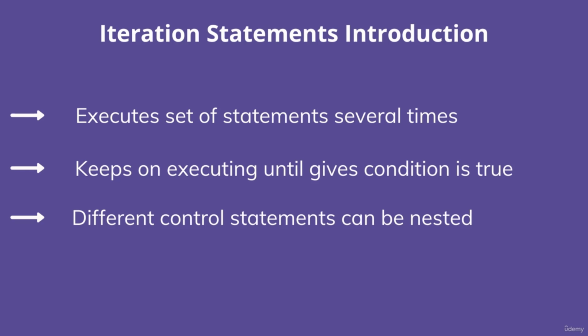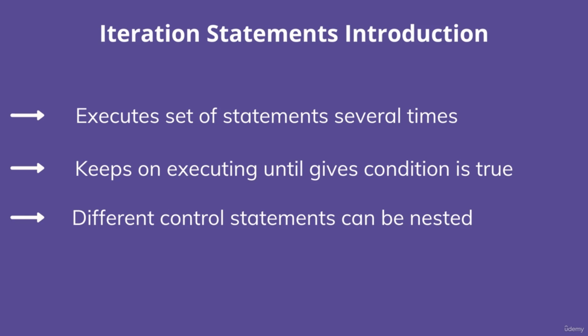For example, if I want to find the even numbers from 1 to 100, I would have to write the code for checking even or odd again and again. But rather than writing the same code again and again, I can put this code inside a loop which will provide different values from 1 to 100 continuously.